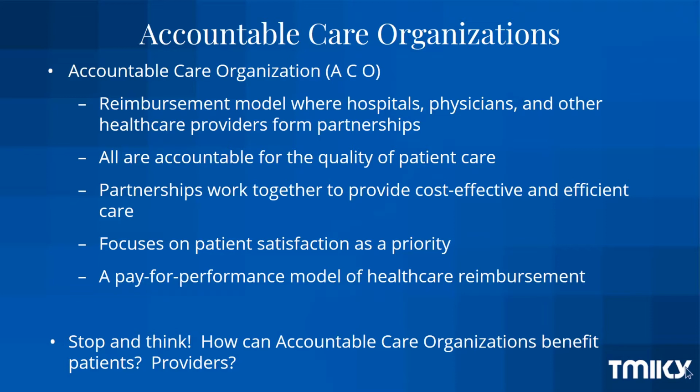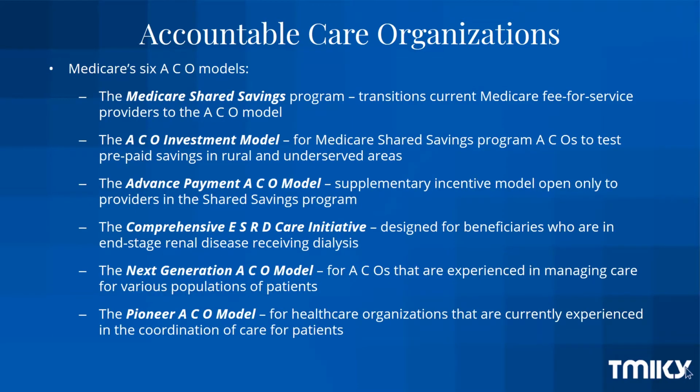So stop and think. How can accountable care organizations benefit patients and providers? Well, since everyone, including the hospitals, physicians, and other healthcare providers, are working together to make sure the patient is getting the best care, that means everyone will be on the same page, and there shouldn't be any communication errors. That not only benefits the patient, but also the healthcare providers as well.